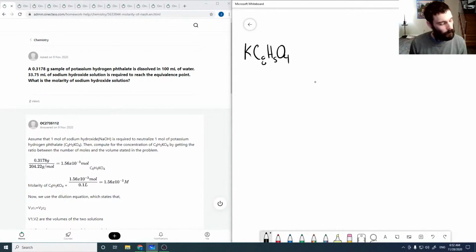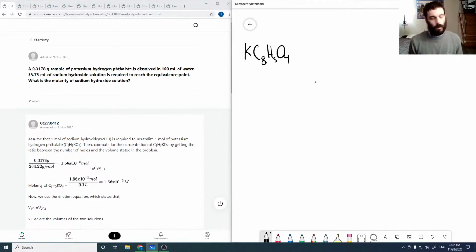We've dissolved it in 100 mils of water. We need 33.75 mils of sodium hydroxide solution to reach the equivalence point. What is the molarity of the sodium hydroxide solution?